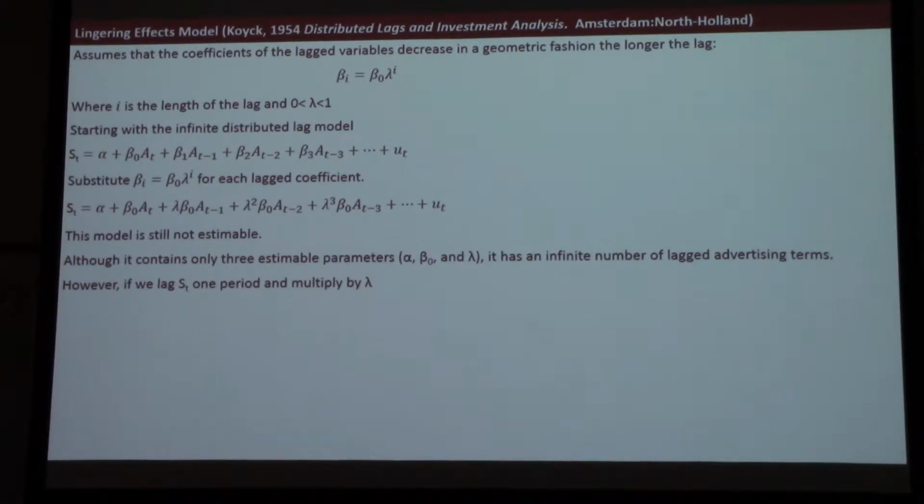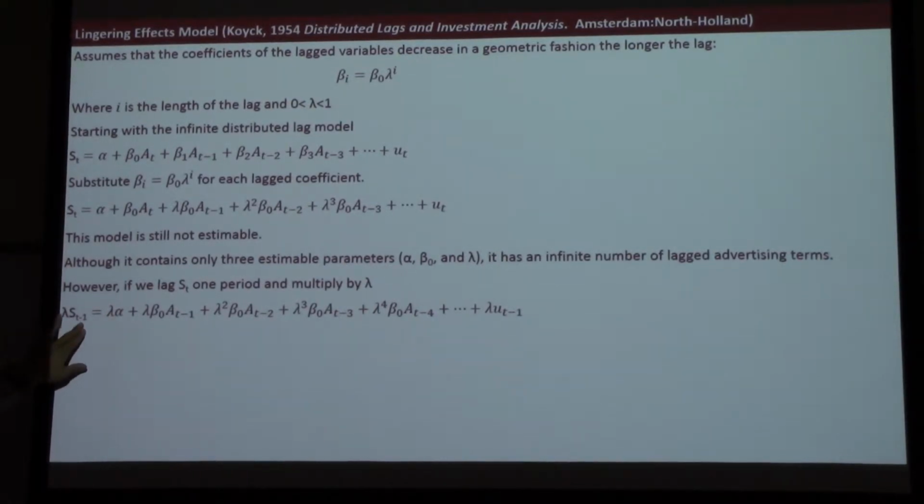We're going to lag this model, the infinite lag, by 1 period and multiply it all through by lambda. And we get this. So this is just S multiplied by lambda, lagged 1 period, and then we multiply everything times lambda.